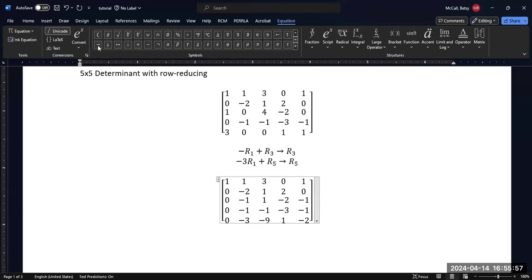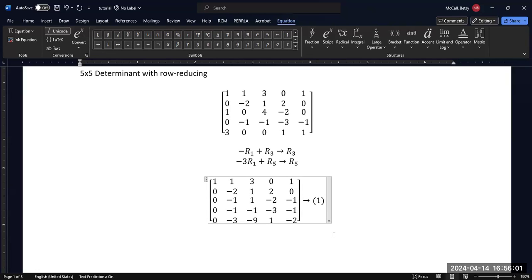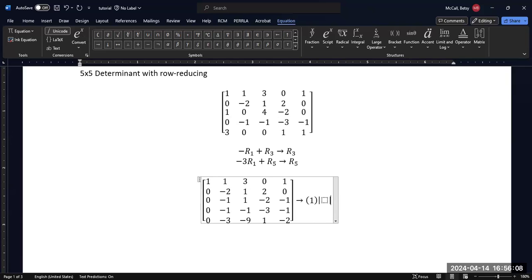note that if I expand upon this first column, that essentially I'm going to end up with a determinant where I have a 4x4 matrix left behind.